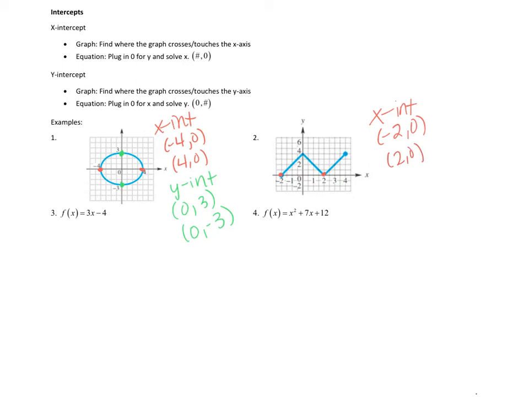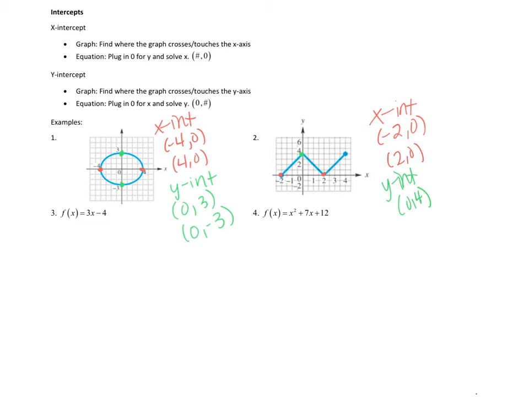Now let's look for our y-intercept. Again, we're looking for where the graph crosses or touches the y-axis. And I can see right up there, it's going to be at (0, 4).